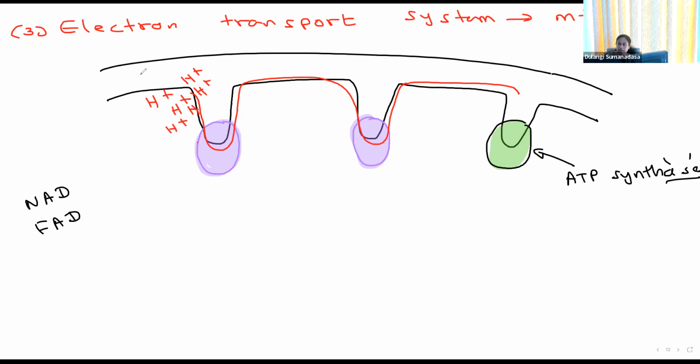Right, so the flow of high energy protons will go through the cytochromes, and at the end, the high energy proton flow, the red line means the high energy proton flow, right? At the end, the high energy will go through the ATP synthase. Can you mention the last protein enzyme? ATP synthase.